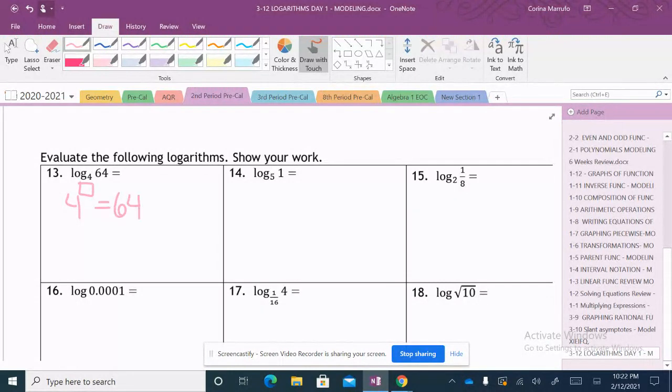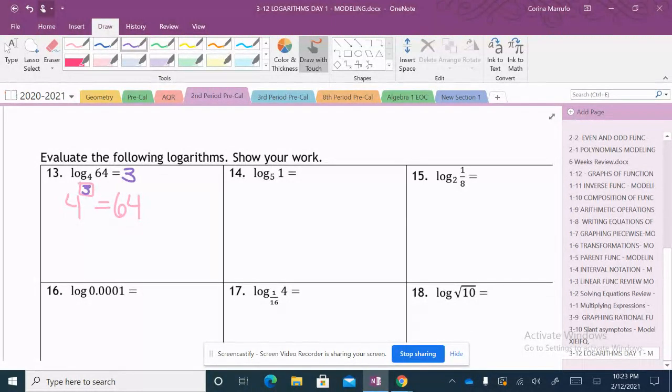So you have to figure out what power it is. 4 to the first power is 4. 4 to the second power is 16. 4 to the third is 64. So that means that the number in here should be 3.